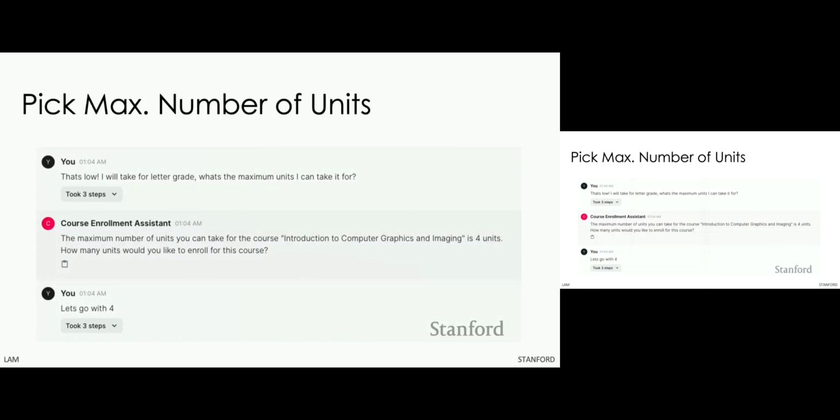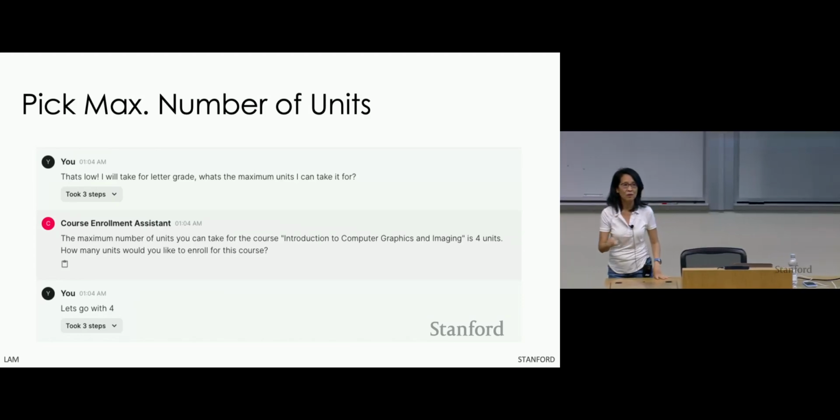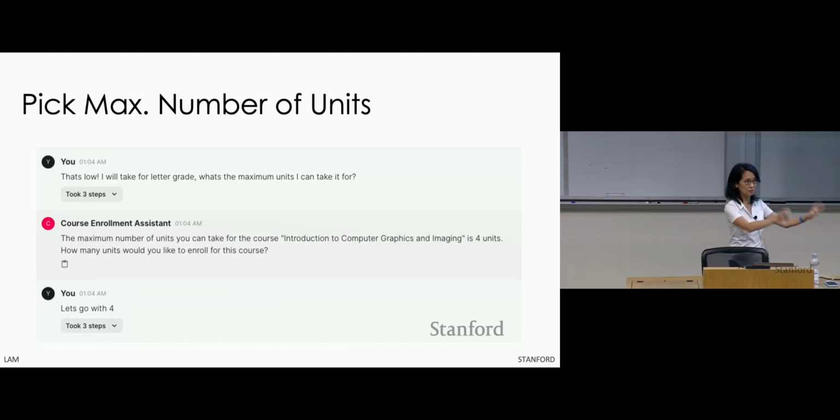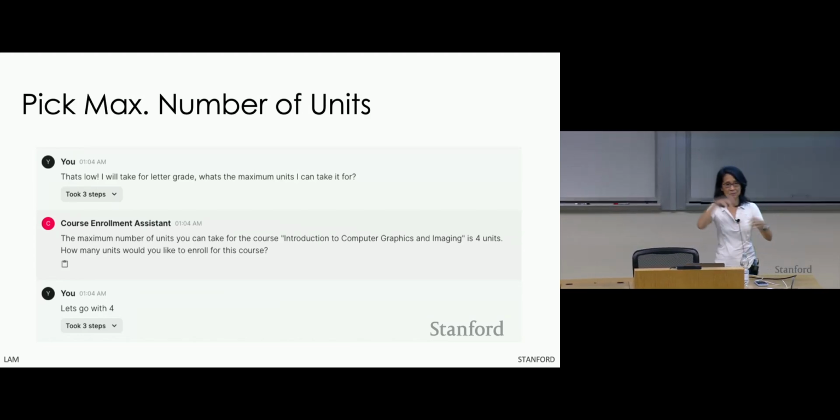So this is a very dynamic conversation. Nobody scripts what the agent is going to say at any one point. I just give you a form that you're supposed to fill, and depending on what the user has been saying, you say different things. And the user can give you the information in a different order. From the beginning, the user can call and say, I want to take a 4-unit course, and this is the number. So the parser takes the information and runs with it.